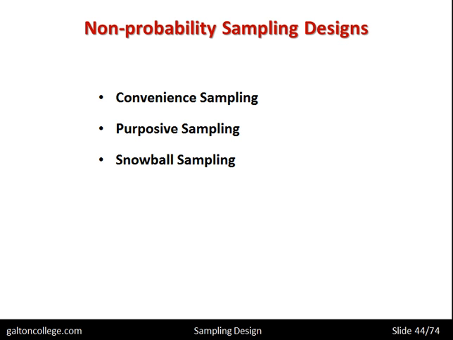And snowball sampling, where they're using recommendations. You ask your friends, and then you ask your friends to make recommendations to their friends, so they recommend you, so you can go and ask them. And then you ask them for recommendations to their friends, and they recommend you, and you can go and ask them. It's snowballing.